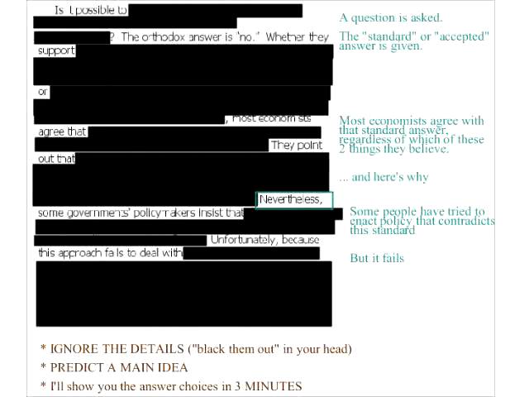There you go. They give you a question. They give you a standard or accepted answer to the question. They give you the reasons why this is the standard answer. And they talk about why things that have tried to go against the standard answer have failed.